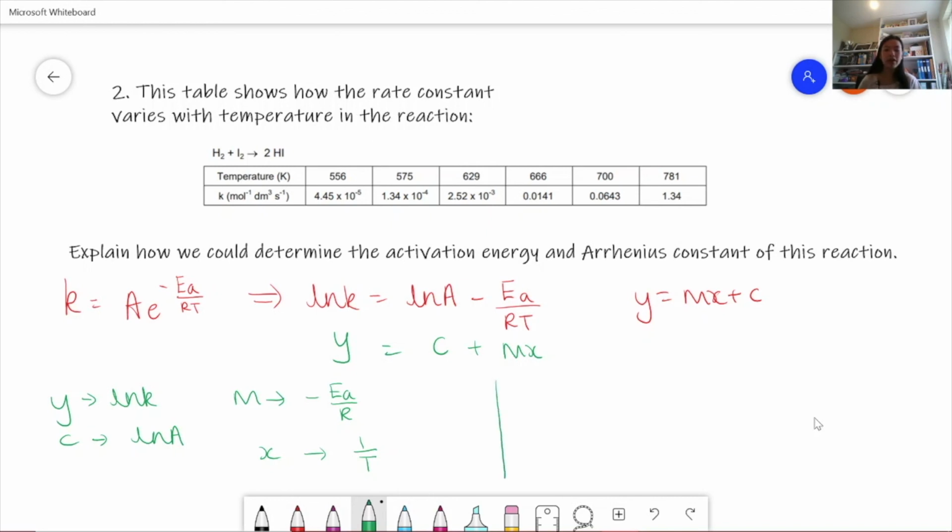And so what we do is we plot a graph of 1 over T on the x-axis and ln k on the y-axis, and then we'll get a graph that looks like this.